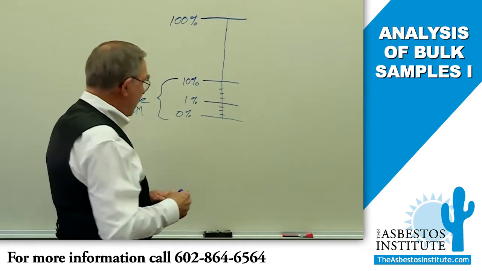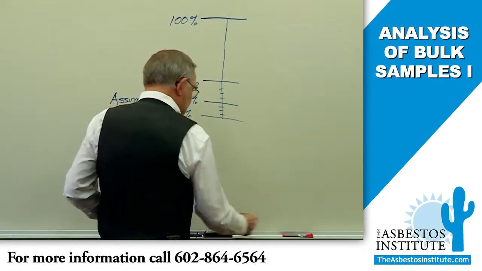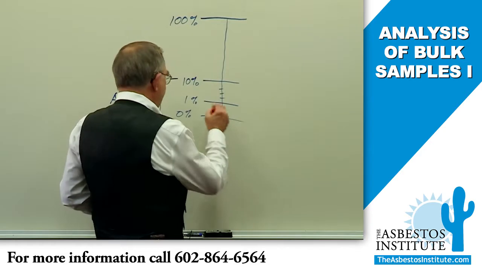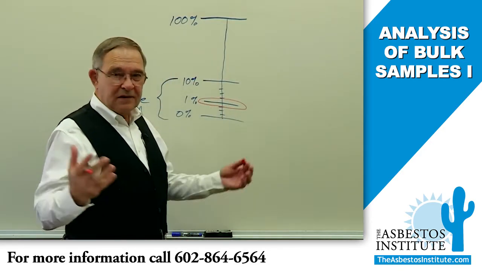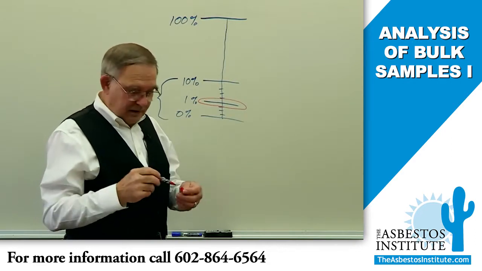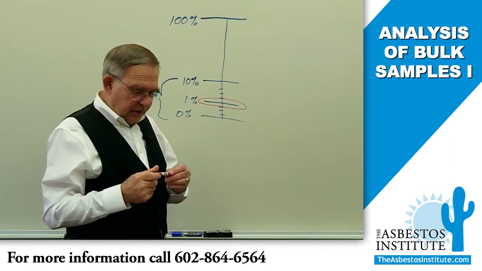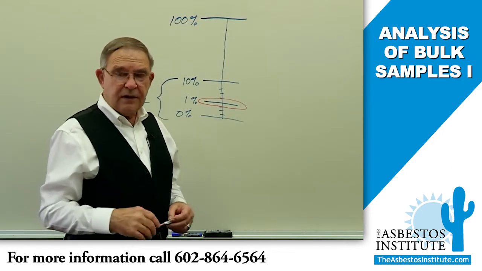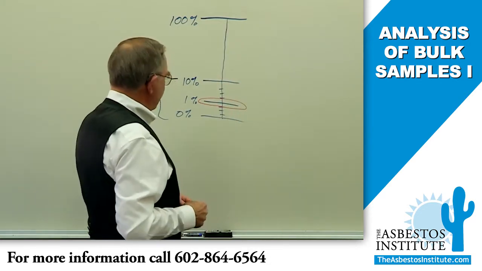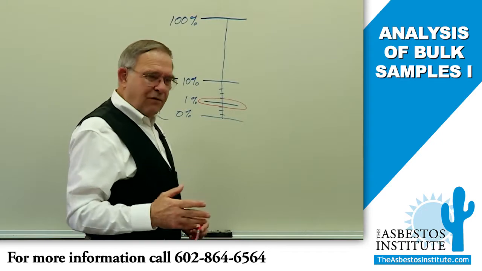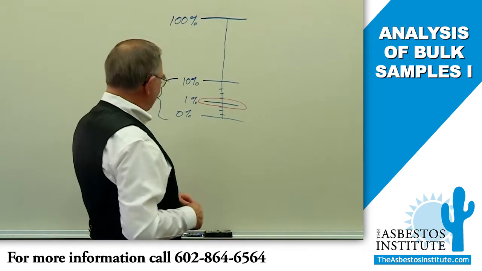What if our analysis comes back in this area down here and we're not really sure what the number is because the method can't tell us? Then we need a way to prove that it's not ACM, so we don't spend these jillions of dollars in this country on asbestos controls with non-asbestos, okay?